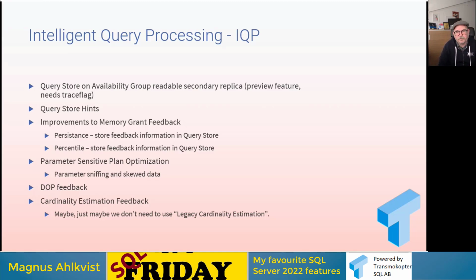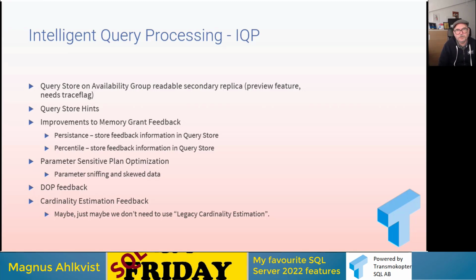And the DOP feedback basically works on if you get unnecessary parallelism, DOP feedback is going to adjust and use maybe fewer threads or fewer workers, or just stop doing parallelism completely.